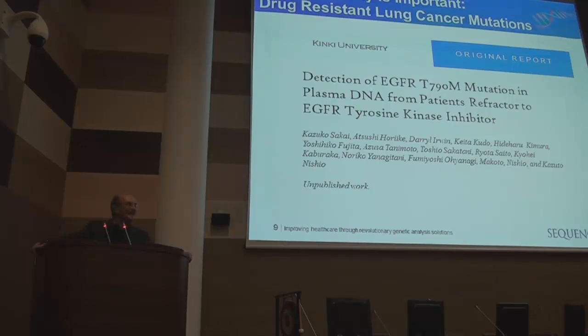Okay. How do I know? The patient's not going to volunteer to let me biopsy again. Okay. So I have to have a non-invasive way of doing it. And this work, which comes from Japan, describes that. Now the challenge is these mutant cells are very, very rare.